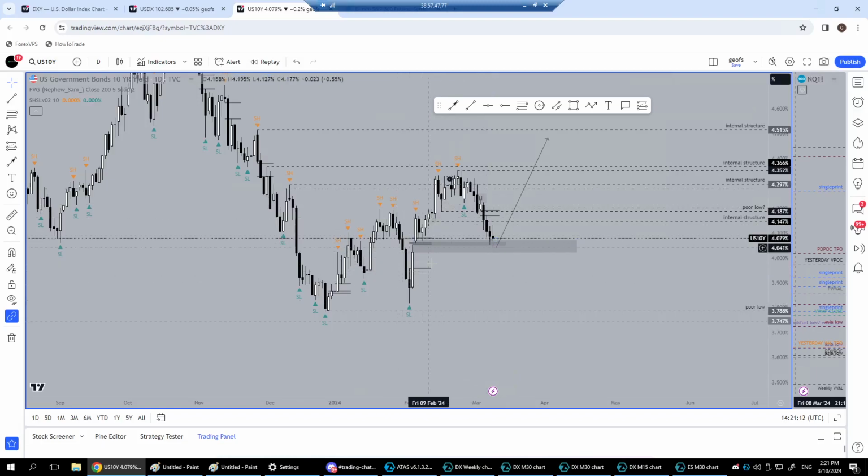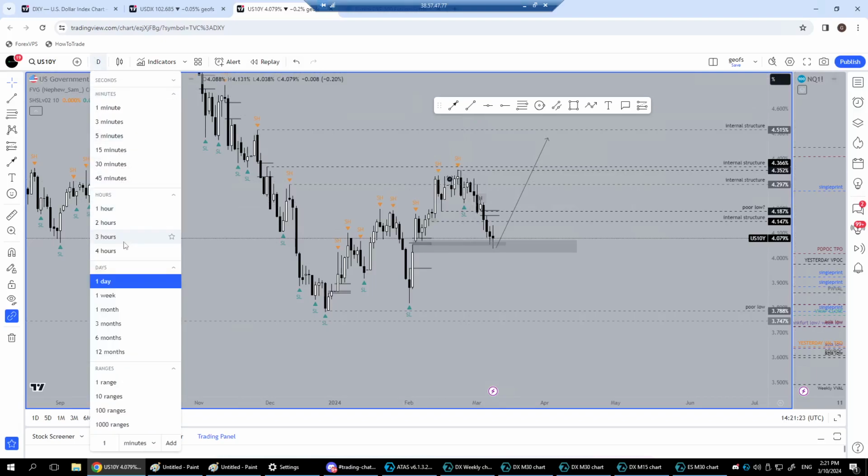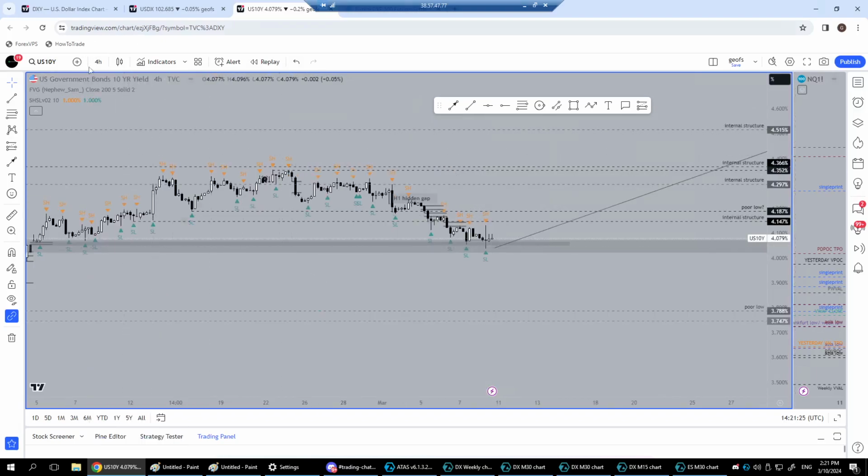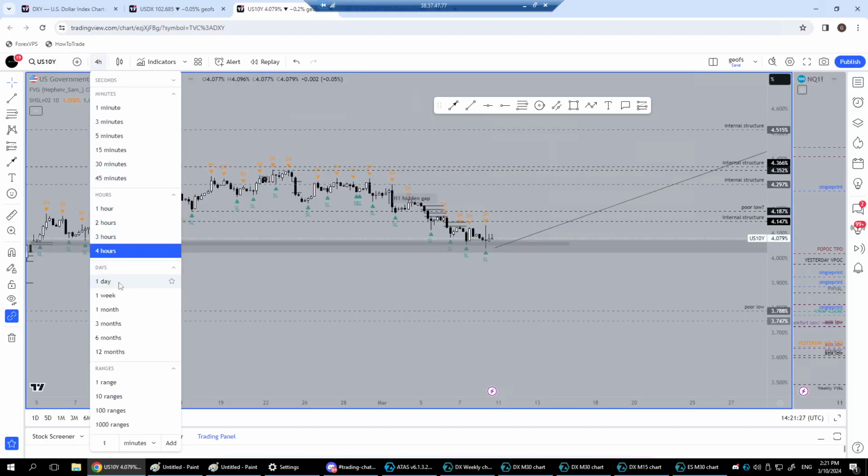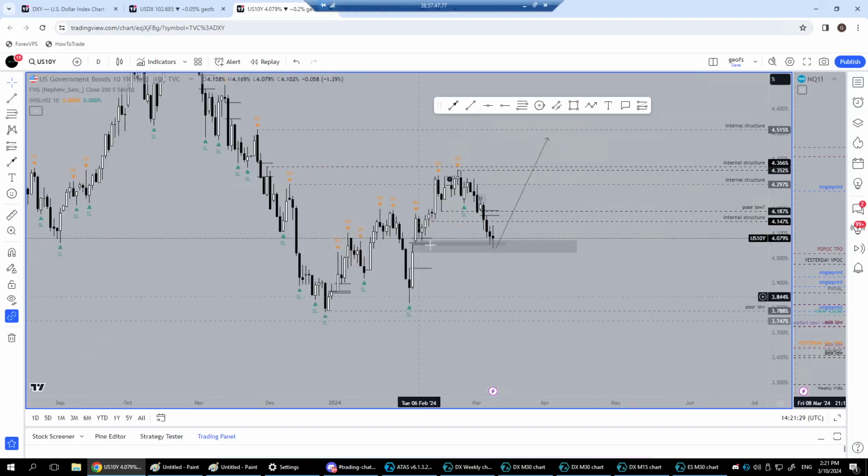If you can see, we're in this... Okay, that's not a strict daily downtrend yet. It's a 4-hour downtrend. Daily, I think you would call that an uptrend with a higher low, higher highs.